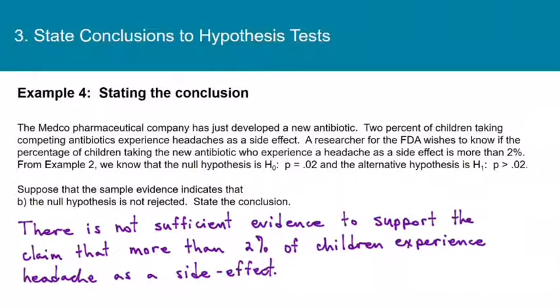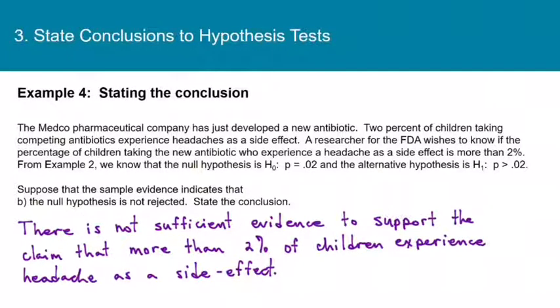So notice that in both answers, we started by saying there is sufficient evidence or there is not sufficient evidence. If the null is rejected, it's because there is sufficient evidence to do so. If the null is not rejected, it's because there is not sufficient evidence to do so.